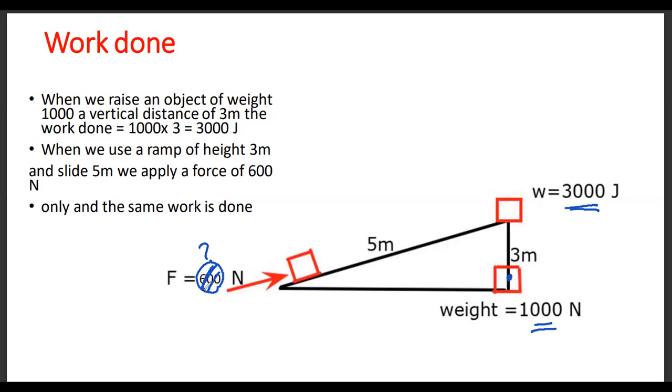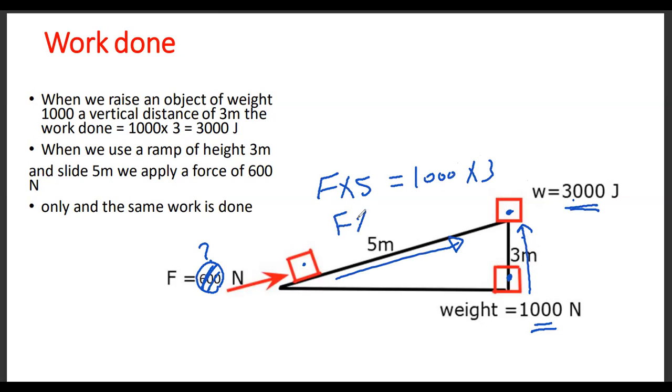What is the force required to push the object up a ramp of length 5 meters? Of course, we must know that the work done at this point is the same, whether you move from here to here or from here to here. If the work done from here to here equals 1000 times 3, then the work done along the ramp is the unknown force times 5. So the force times 5 equals, from the other side, 1000 times 3.